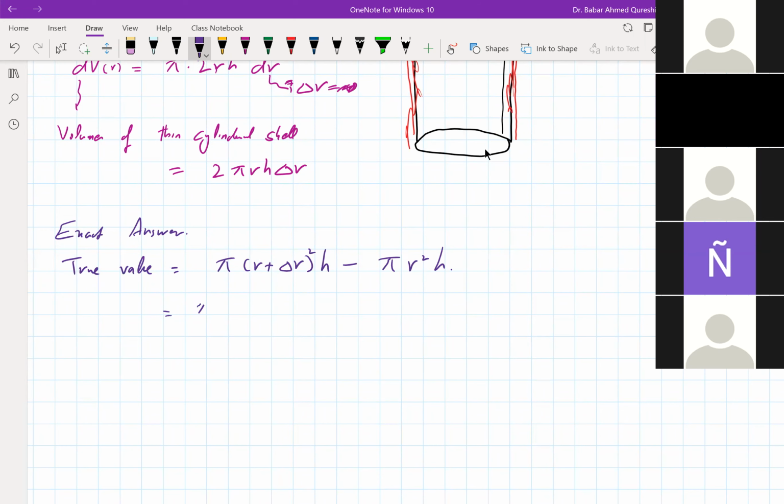So if I open this square, I get r square plus delta r square plus 2r delta r, minus r square.